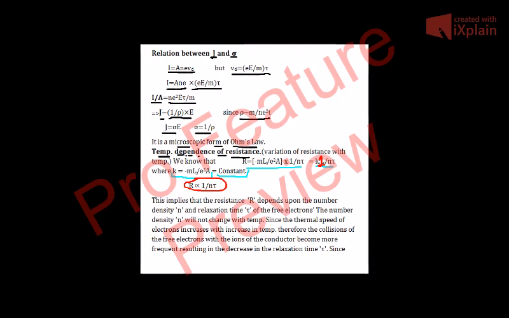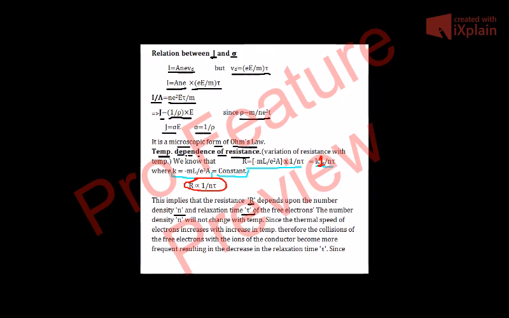This implies that the resistance R depends upon two factors, that is number density n and the relaxation time tau. It is inversely proportional to number density n and inversely proportional to relaxation time tau of the free electrons.